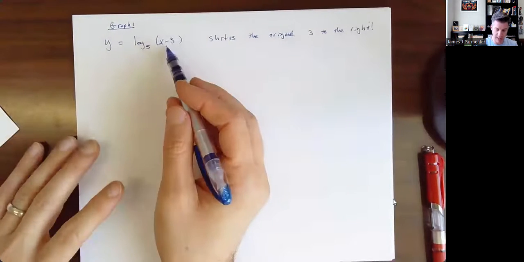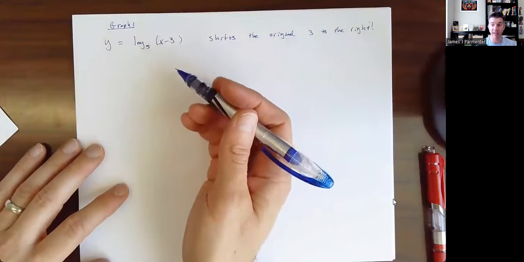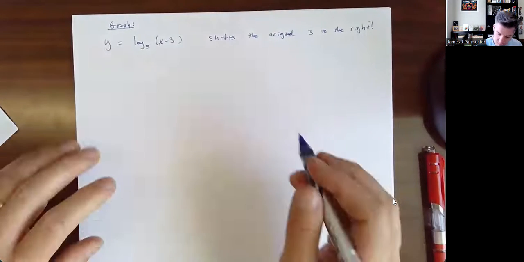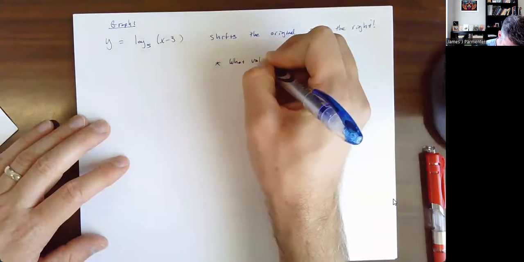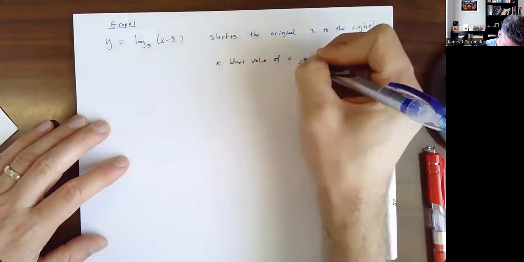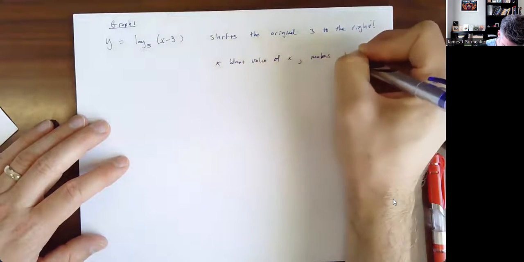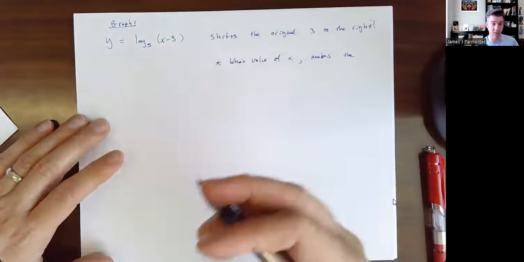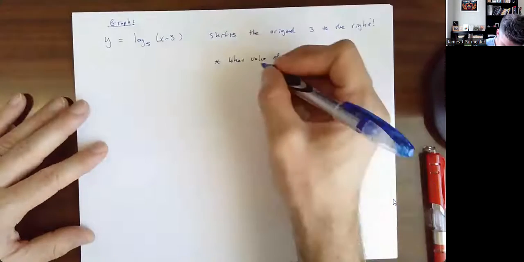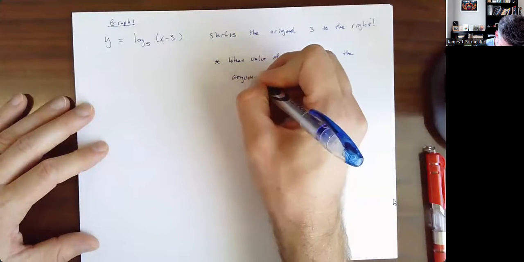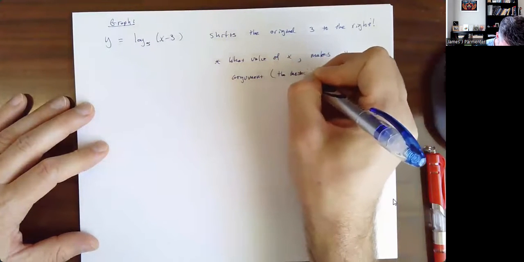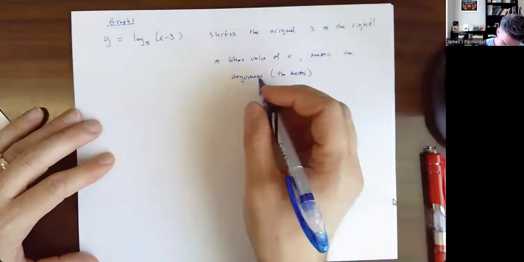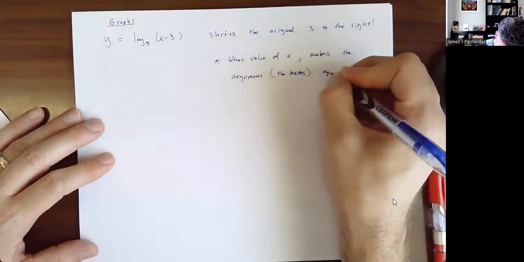So here, you could ask yourself, what value of x makes the insides equal to 0? What value of x makes the argument of the logarithm, the inside of the logarithm, which is just what you're taking the log of, the guts of the logarithm, equal to 0?